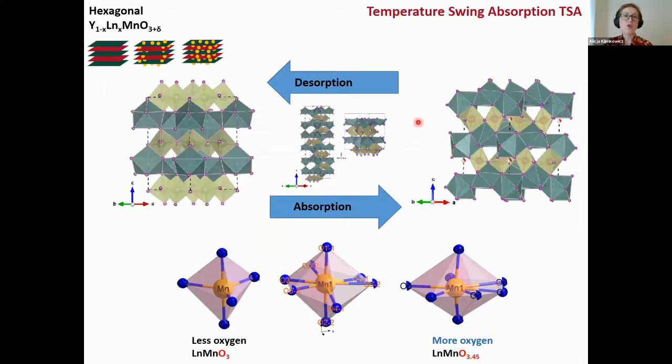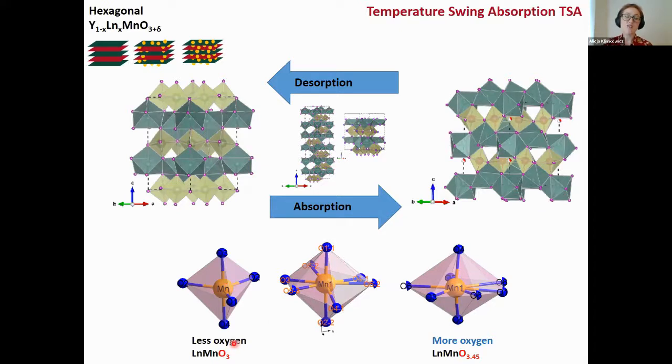So now I want to go into the second part of the talk, where I want to present to you the temperature swing absorption method, or materials that work with the swing of temperature. So the structure is a little bit different. It's still layered, but here the difference between reduced and oxidized material is in the surrounding of, in that case, manganese.